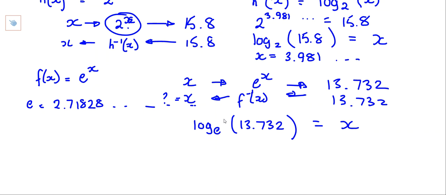It's ln: L for logarithm, N for natural. Log to the base e is called the natural logarithm.